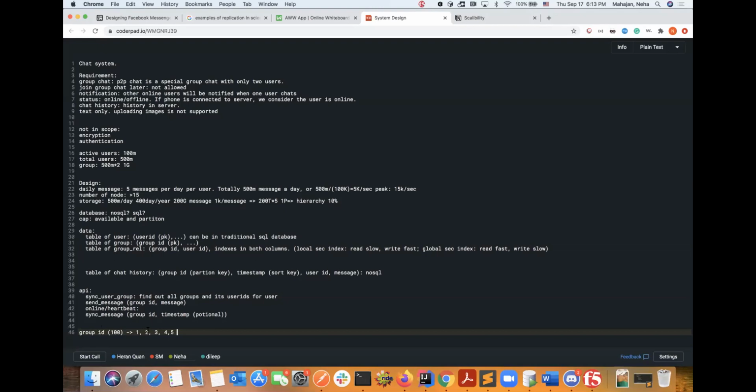These will be the columns of this row in HBase. And if more users join this group, then we can simply append 6 and 7 to this row, and by that we can identify all the users which belong to this group.